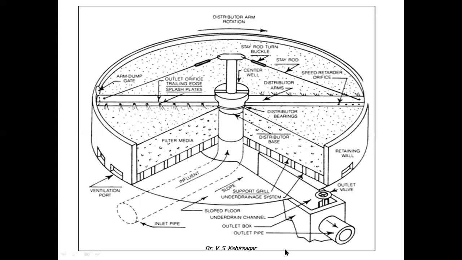What is the first process? It is the scum duct formation. Scum duct formation is a sticky, slimy, brownish or greenish layer that will form around the surface of each individual filter media, where there is a growth of microorganisms, and those microorganisms keep on degrading the organic impurities from the incoming sewage.